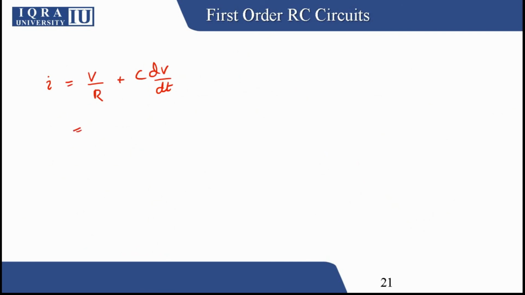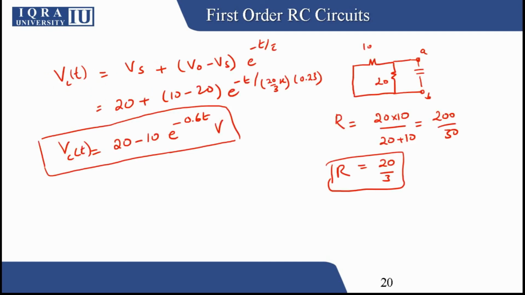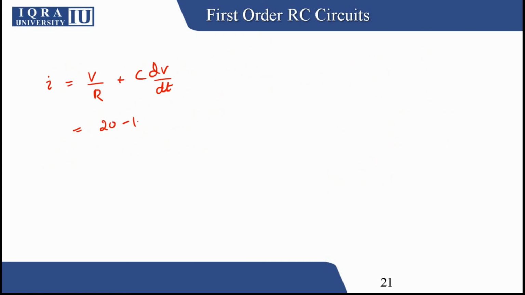The resistance voltage is the same as the capacitor voltage, and the capacitor voltage is 20 minus 10 e power minus 0.6t, divided by 20, which is the R, the 20 ohm resistance, plus C which is 0.25 times d by dt of 20 minus 10 e power minus 0.6t.